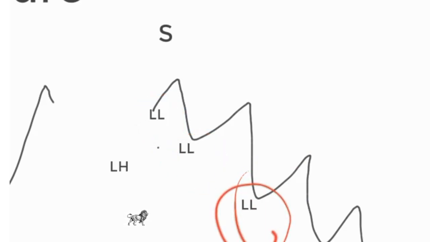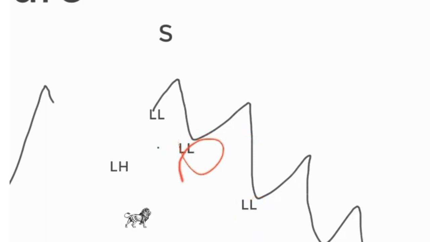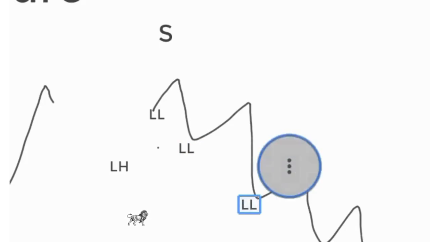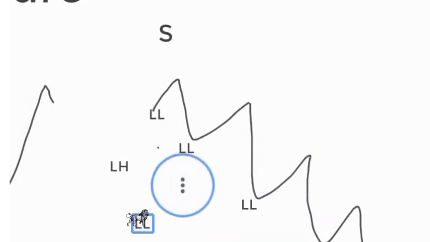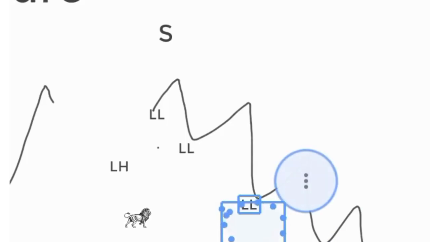This is called lower low because this low is lower than this particular low. This low is downward, lower than this particular low. All right, so this low is lower than this low, and this low is lower than this particular low.